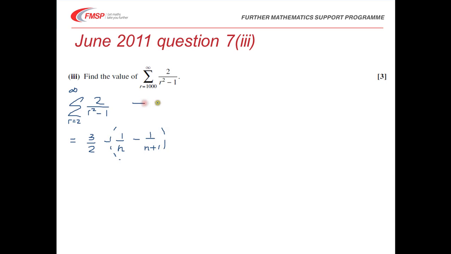But from that, we're going to have to subtract the sum from r equals 2 to 999. So that's really the important thing, that you have to do it in that way. So that is going to be 3 over 2 minus 1 over, remember we had 1 over n, so that's 999.